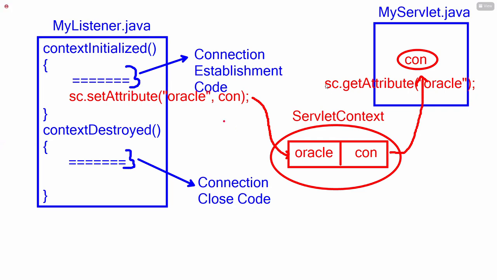Application deployed, this is executed, connection is ready. Application undeployed, this connection closed. So it is automatically done. You are not going to call this program. It automatically will listen. The listener always listens, and whenever an event is generated, it handles it. Write this one.